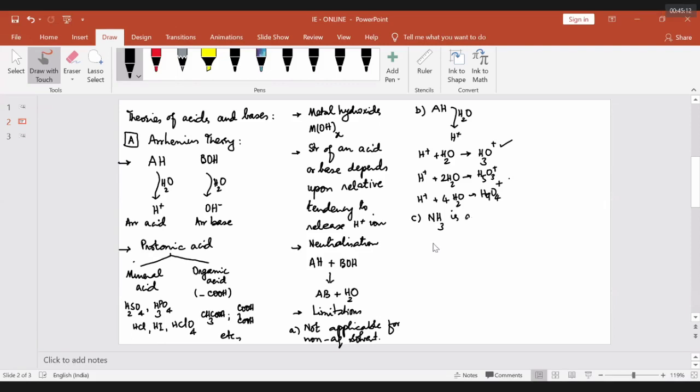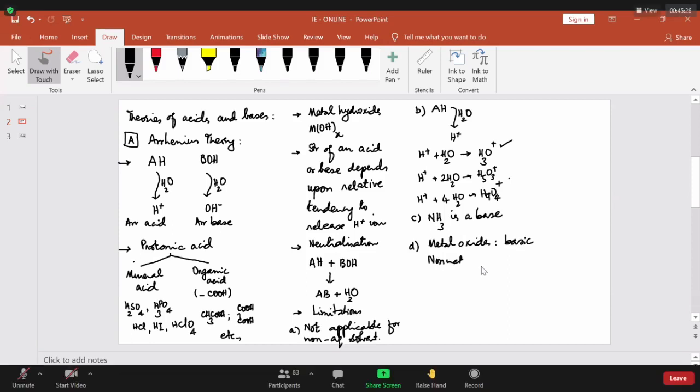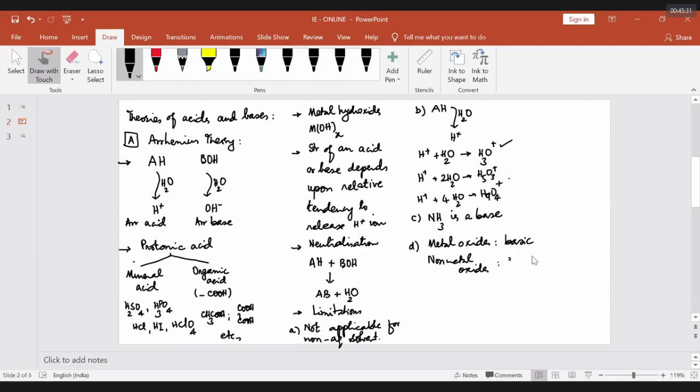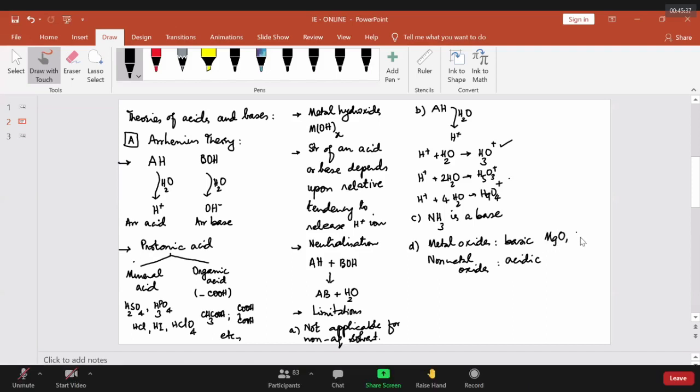Next. Remember that, as a general property, all metal oxides are basic in nature. And non-metal oxides, not necessarily, sometimes they are amphoteric also, but generally they are acidic in nature. For example, metal oxides like magnesium oxide, calcium oxide, zinc oxide are basic. Where is the OH minus ion? There is no OH minus ion.